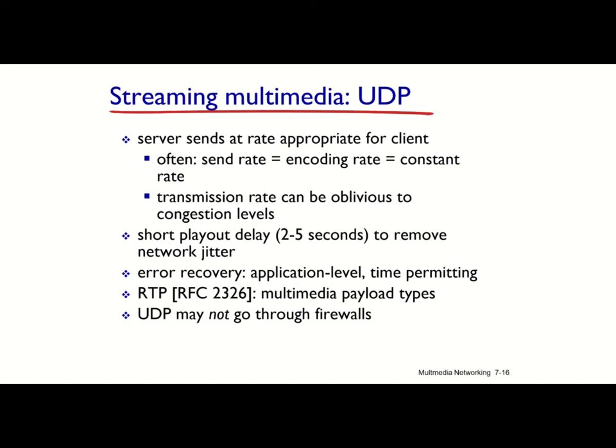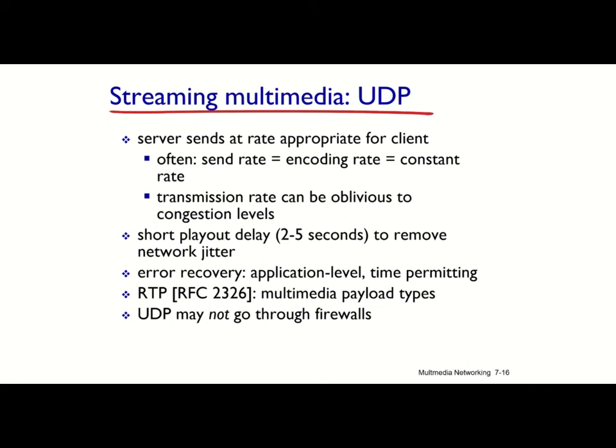In this case, the server sends at an appropriate rate, which is usually equal to the encoding rate and the constant rate for playing out the video. And then, obviously, the transmission rate can be different if we have different congestion levels in the network.